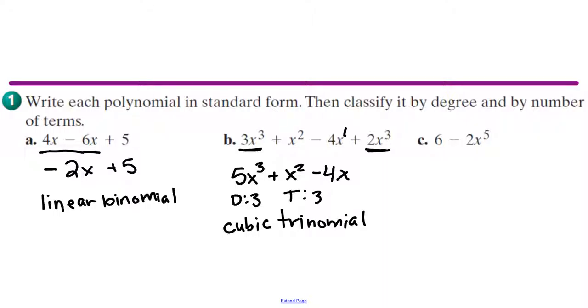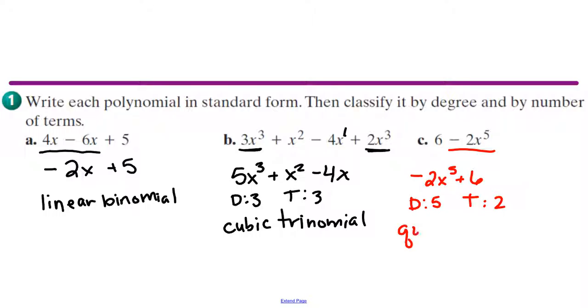And then C, we have 6 minus 2x to the fifth. Well, this 2x to the fifth has degree 5, this has degree 0. So this term comes first, which is negative 2x to the fifth plus 6. So it's a degree of 5, and there are 2 terms.